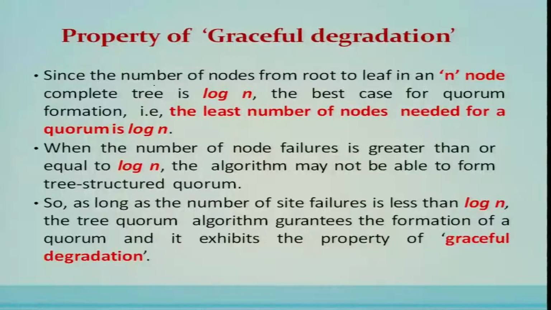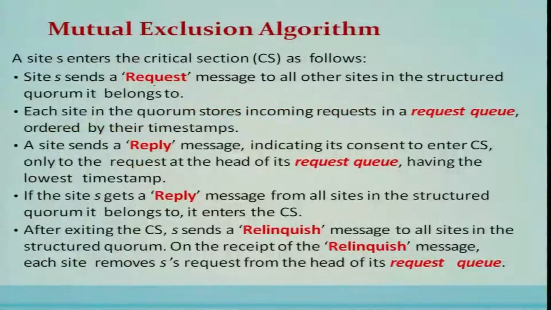So when the number of node failures is greater than or equal to log n, the algorithm may not be able to form a tree structured quorum. As long as the number of site failures is less than log n, the tree quorum algorithm guarantees forming of the quorum, and it exhibits the property which is called graceful degradation.